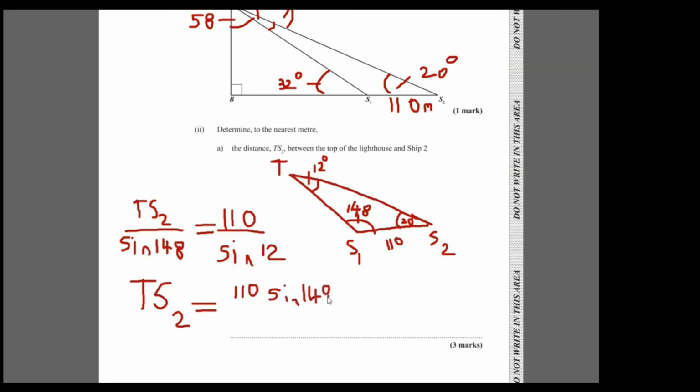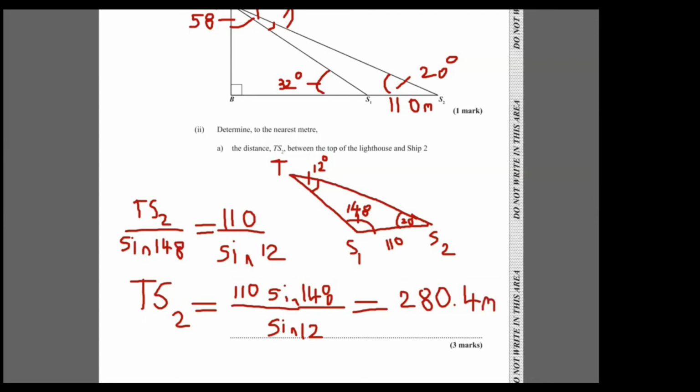You might say I did it in a lot of steps, but I like to visualize what I'm doing. It makes it a lot easier for me. So 110 sine 148 divided by sine of 12, I'm getting 280.4 meters.